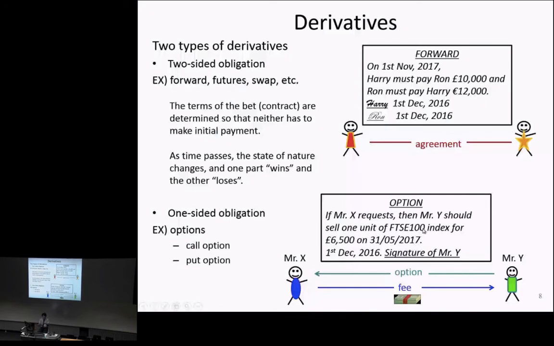You might think it's just a number. You cannot buy or sell an index. But you can imagine you can actually sell or buy FTSE 100. So if you buy a little bit of these 100 companies' shares to make a portfolio of FTSE 100 companies, that's FTSE 100.